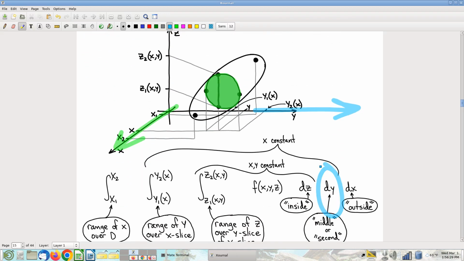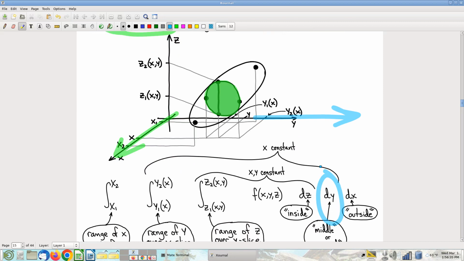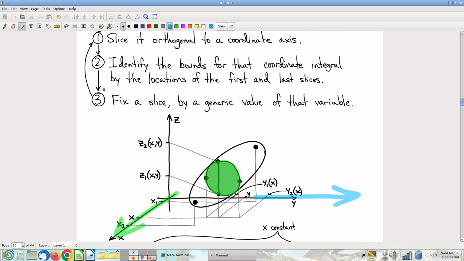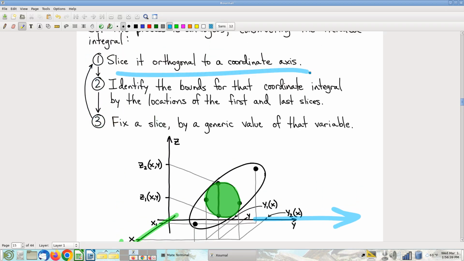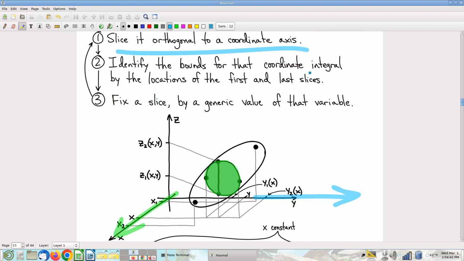Notice that my y slicing is the second slicing I'm going to do. So again, what do these slices look like? Slicing perpendicular to the coordinate axis, perpendicular to the y-axis, and slicing not the whole solid, but just my existing x slice, I get a little line segment looking thing like this.